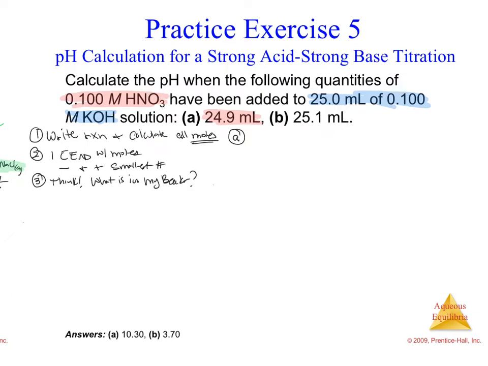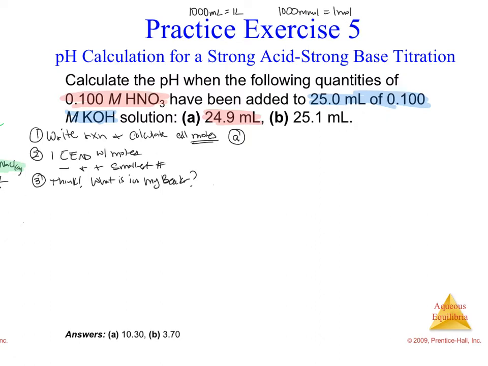So here I'm going to introduce you to using millimoles. So a millimole to a mole is the same thing that a milliliter is to a liter. So we know that there are 1,000 milliliters in 1 liter. There are 1,000 millimoles in 1 mole.